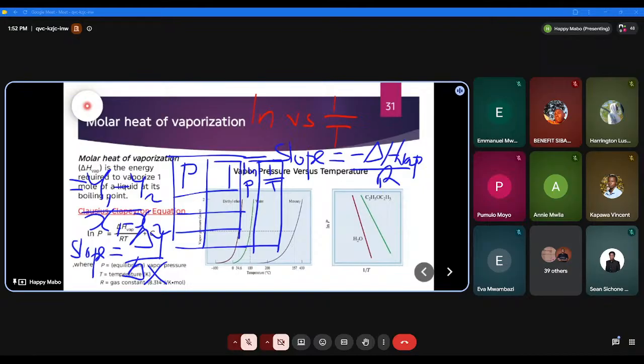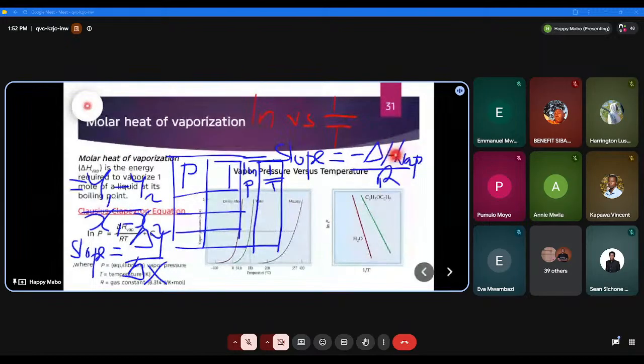So how are you going to find this molar heat of vaporization? You use this formula here. Slope is equal to minus the change in enthalpy of vaporization, or molar heat of vaporization, divided by R. So what we are asking you to determine is the molar heat of vaporization.